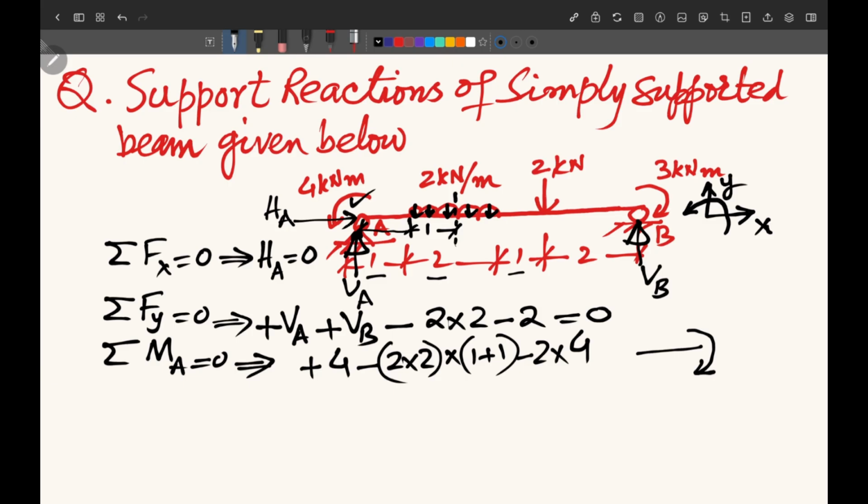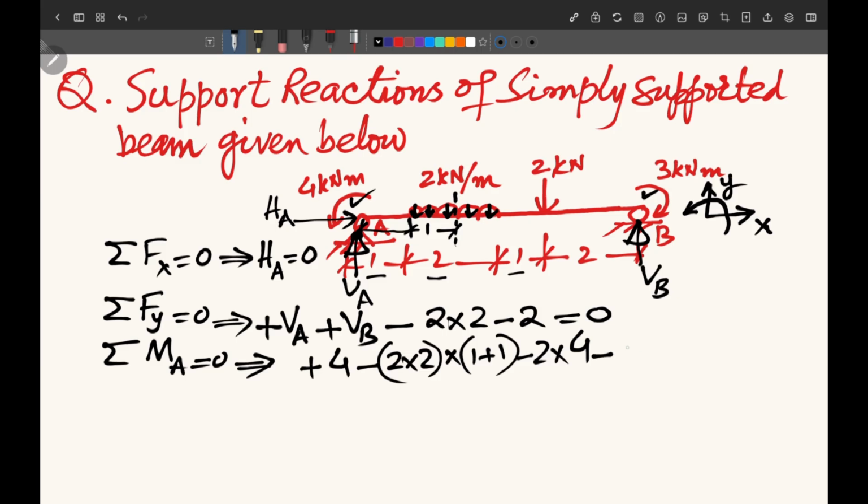And then the moment of the support reaction VB and this support moment, which is 3 kilonewton meter, we have to consider. This is clockwise, and clockwise moments we consider as negative.